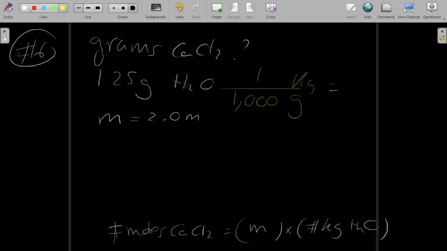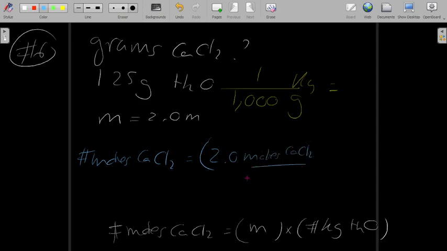I don't have a calculator right now, but the number of moles of the calcium chloride is going to be the molality, which we do have, 2.0 moles of the calcium chloride divided by kilograms of water. That's what molality means. I'm translating it already.